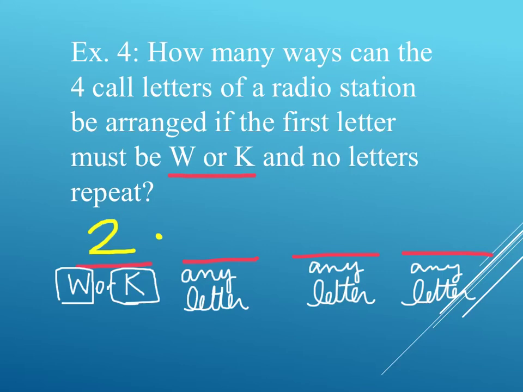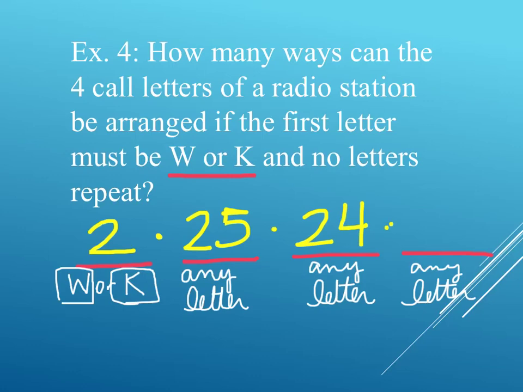And now, it's also important for us to note that no letters are repeated. So now, 26 letters total in the alphabet, but now I've used one here, so I can only have 25 possibilities in the second blank. So 25. And the next one, I've used 2 letters so far, one in the first blank, one in the second. Now I have 24 possibilities.